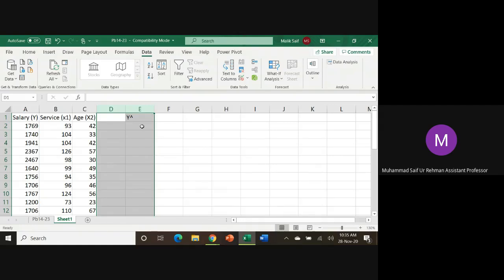Has somebody derived this? Try to derive the formula for beta 2. Are you listening to me? Yes, sir. Did anybody try the formula for beta 2? We know the formula for beta 1.